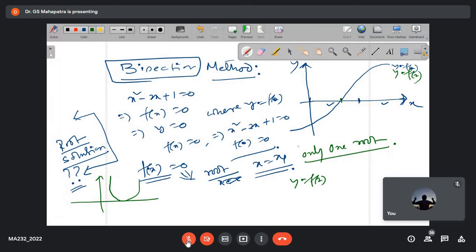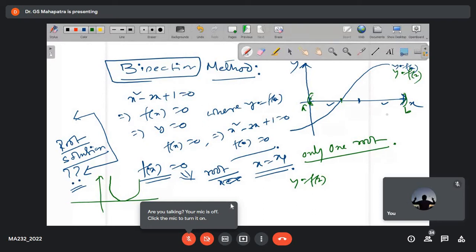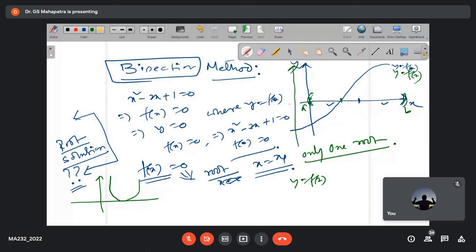Just wait. So let us consider now the interval. Initially I have already given the length. So let us consider this is A and B. However, A equals 0 according to my drawing. If I shift the y-axis here, then it is not 0.